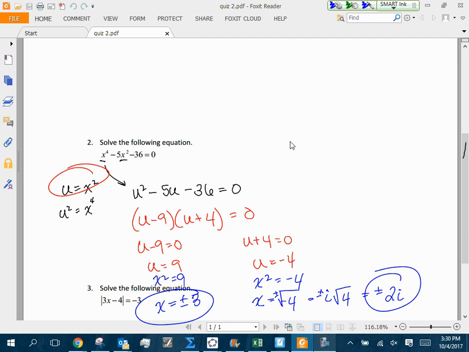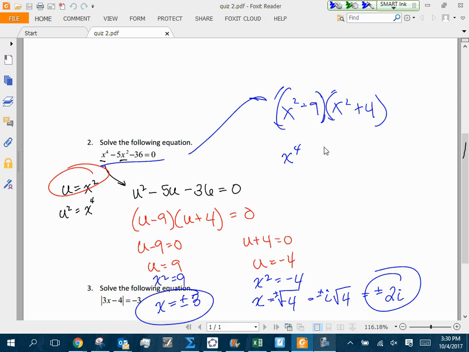I think it's really hard initially for people to factor this directly into something like u squared minus 9, u squared plus 4. But if you think about it, if you FOIL this, let's just write x instead, because that's what we started with. x squared times x squared gives me x to the 4th.